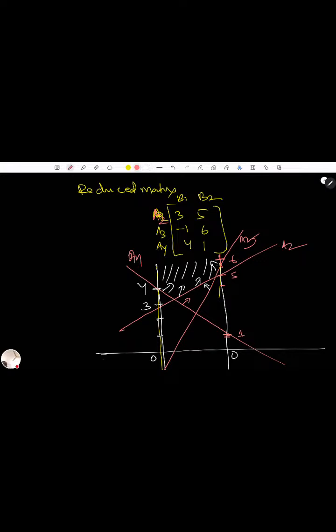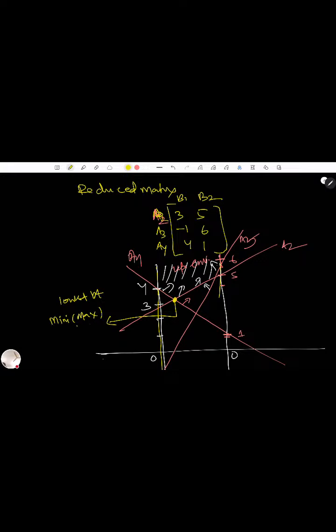So in the upper envelope we need the lowest point, right? This point is my lowest point, meaning minimax. Okay, the lowest point. It is the intersection of your A2 and your A4.